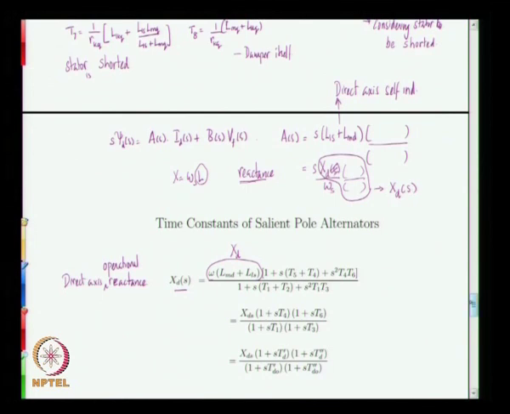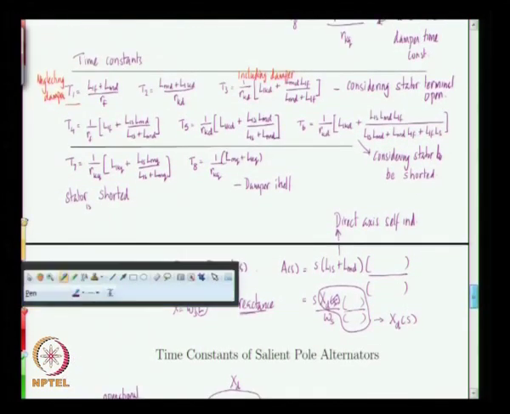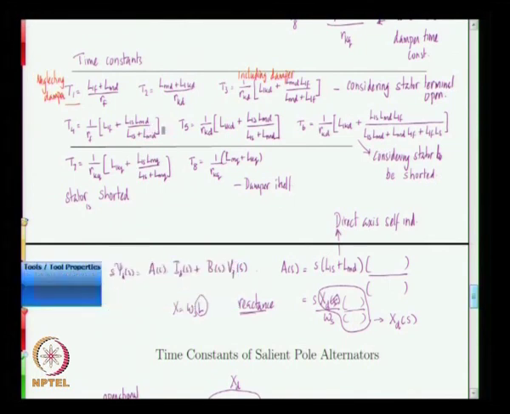Now let us look at the terms T5, T4 and T6, which we have consolidated earlier. If you look at these three terms, we find that T5 and T6 are expressions which are divided by RKD, whereas T4 has RF in the denominator.